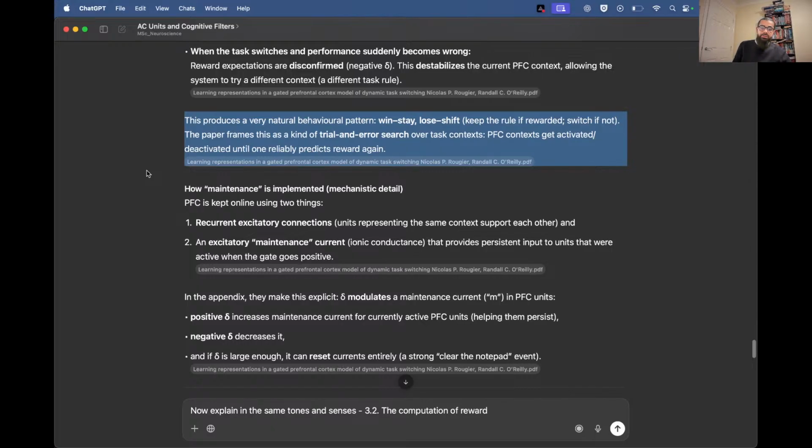This destabilizes the current PFC context, allowing the system to try different contexts.